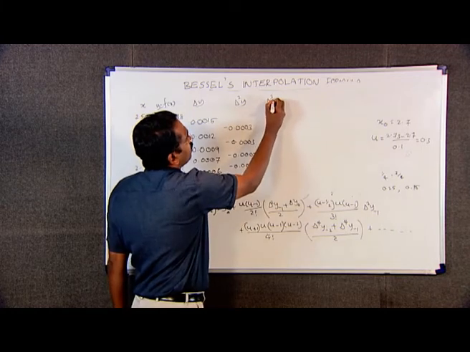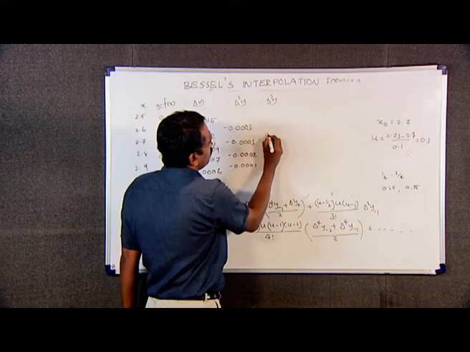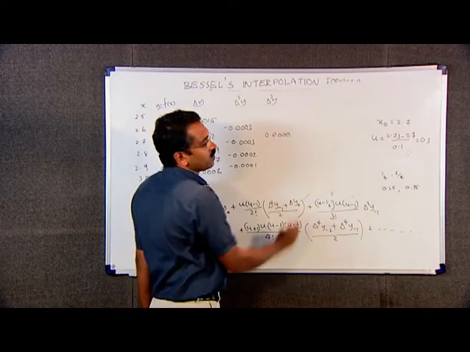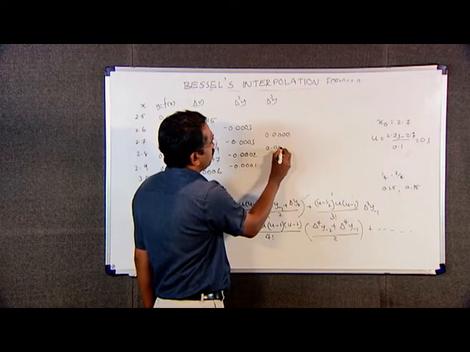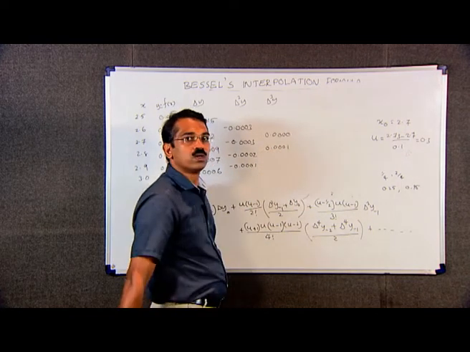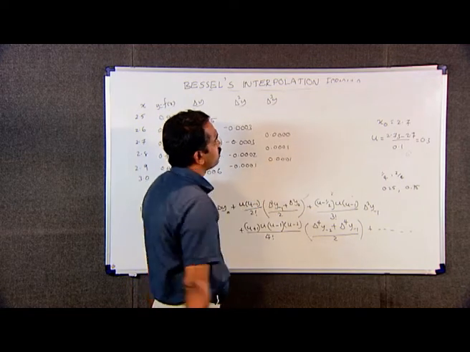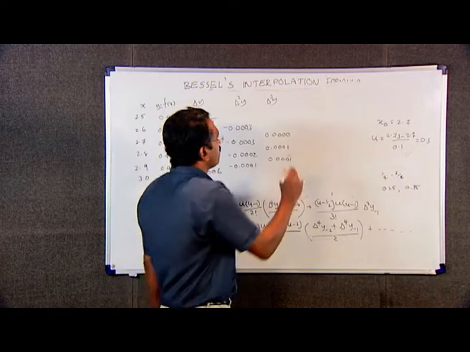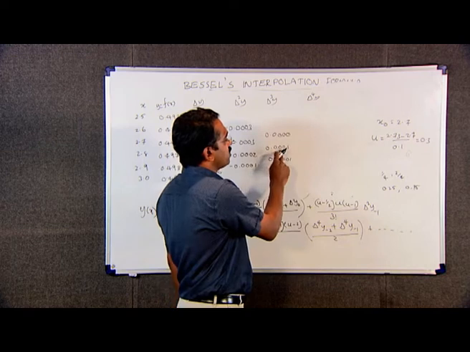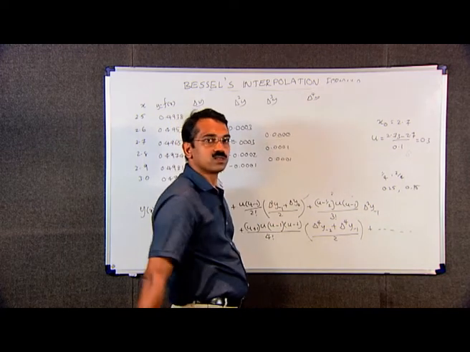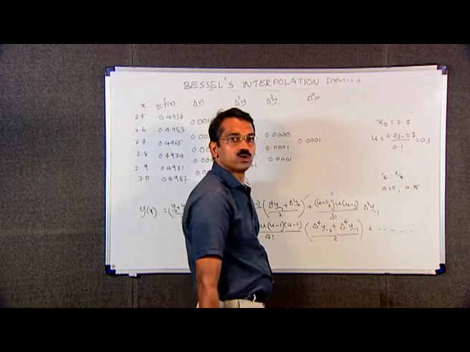And the third order differences are delta cube y. First is 0, then 0.0001, 0.0001, the third one. The fourth order differences are delta raised to 4 y, which are 0.0001 minus 0, that is 0.0001.